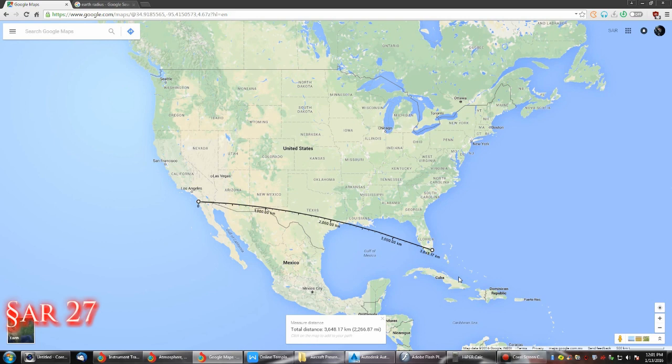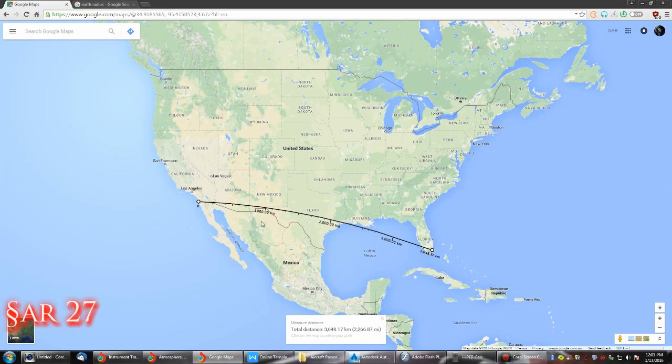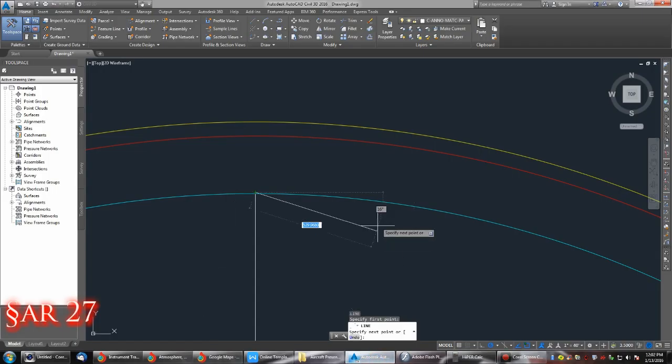I'm going to use only 2,250, which is, of course, not accurate, but it is still less by about 16 miles. So we're going to go in the direction of this flight, which would be here, in a straight line, because aircraft do fly level.